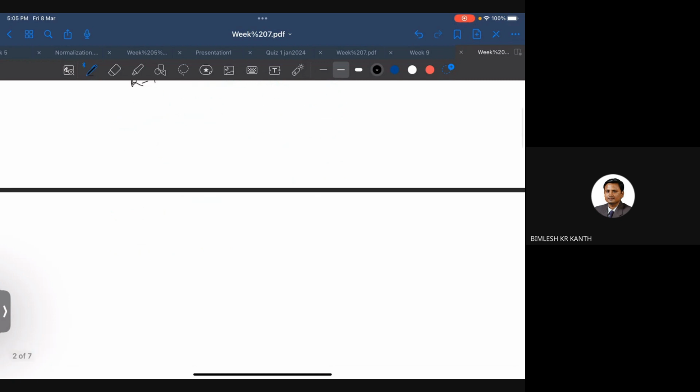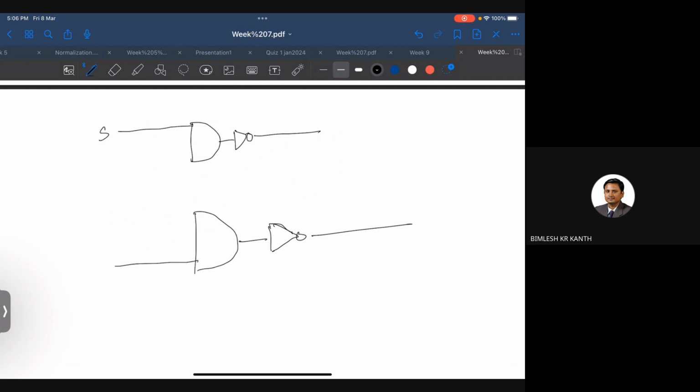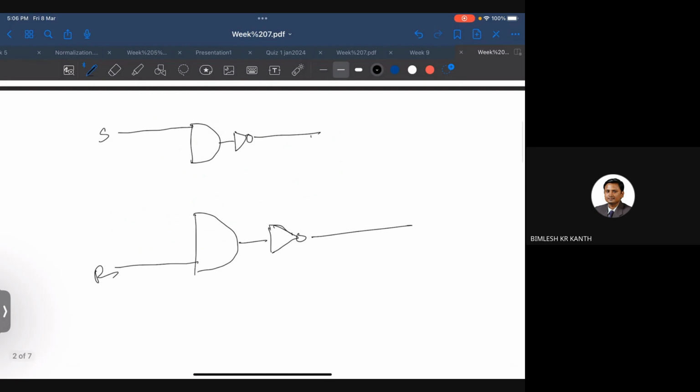Let's draw it again. So this is a NAND gate, and this is again a NAND gate, right? This is S, this is R, this is Q, and this is Q bar. This will be fed to this, and this will be fed to this.